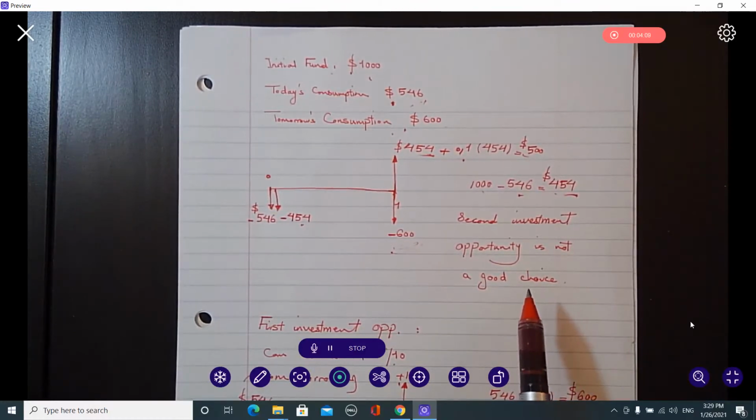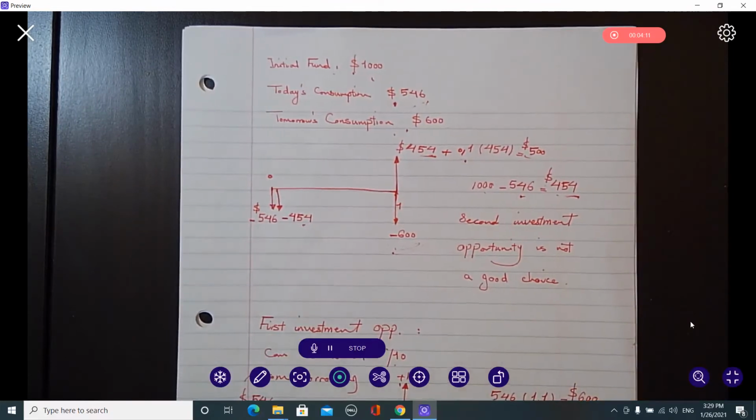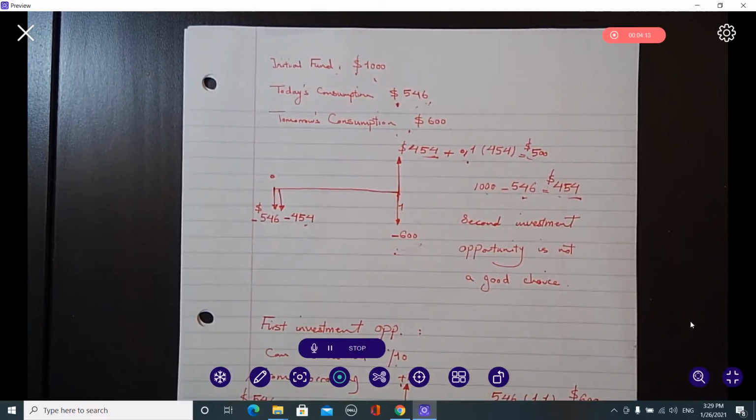So this second investment opportunity is not a good choice for the investor. This is where we can see the role of financial markets. It is better for the individual to invest in the first investment opportunity because it has higher return and higher net present value.